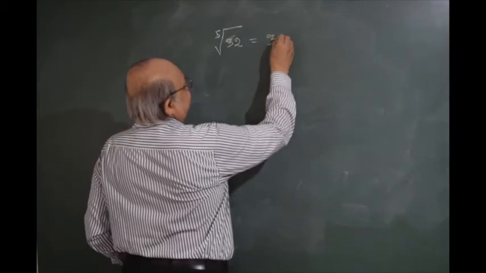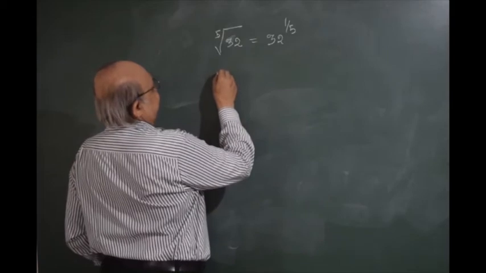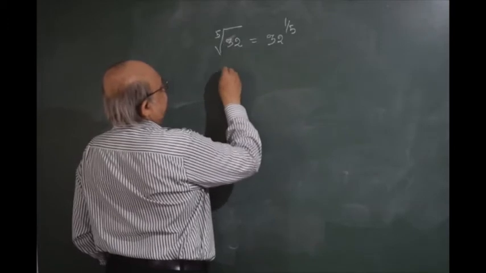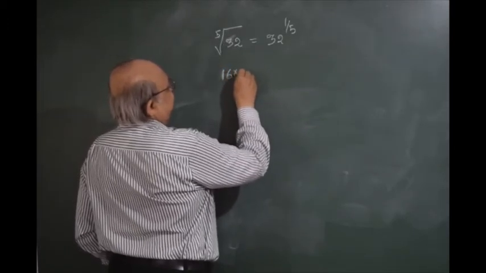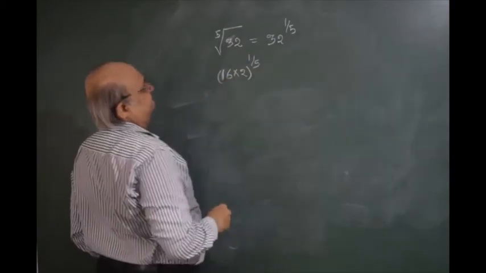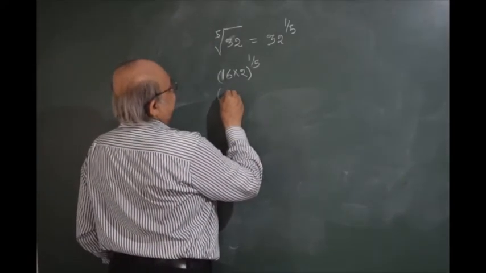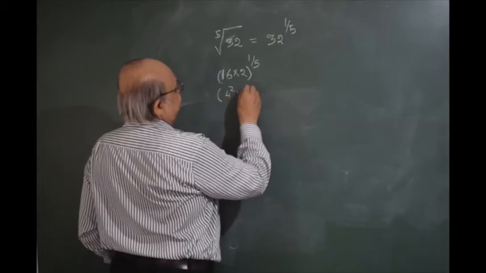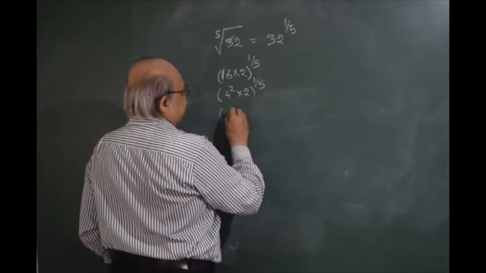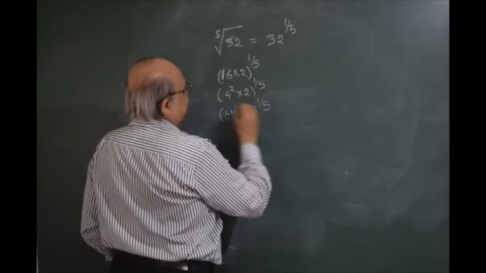this will be 32 raised to 1 upon 5. 32, however, is 16 into 2, raised to 1 upon 5. 16 is 4 square into 2 raised to 1 upon 5. 4 is 2 square, the whole square, into 2, the whole raised to 1 upon 5.